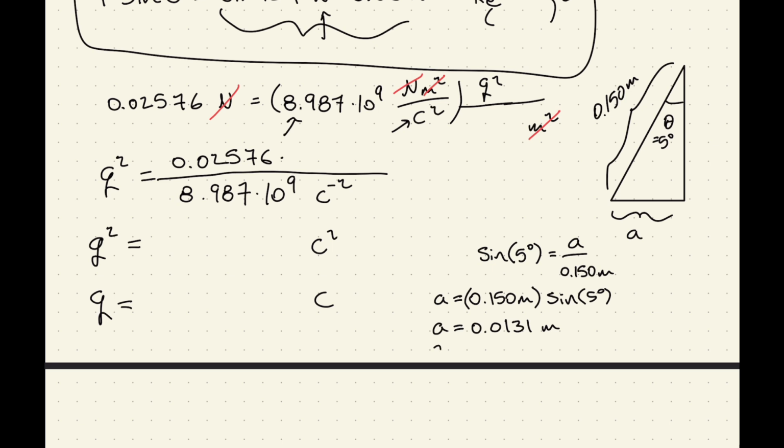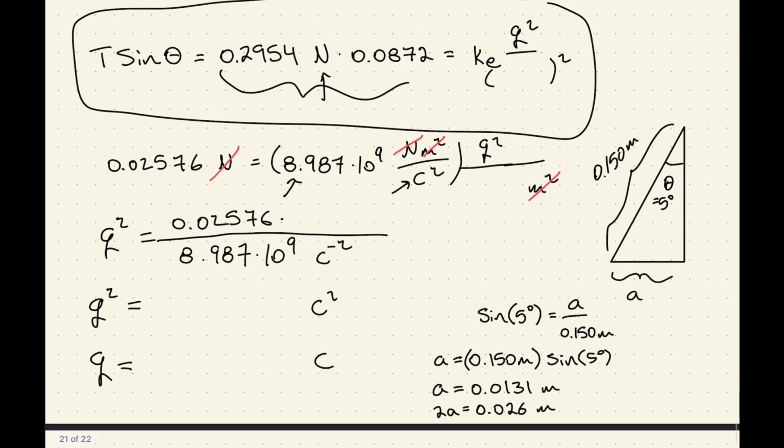This is equal to 1A. What we want is actually 2A, so I'll multiply this by 2. That gives 0.026 meters. So I'm going to plug this back into here, 0.0.